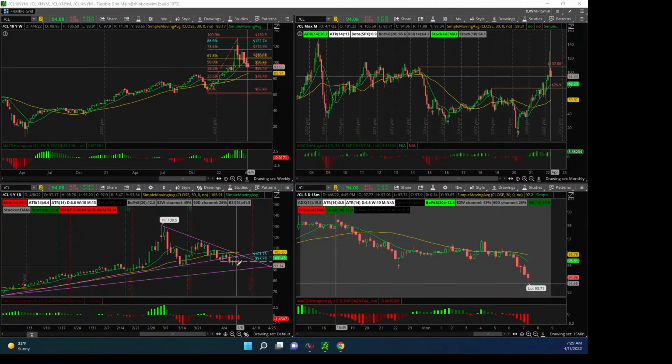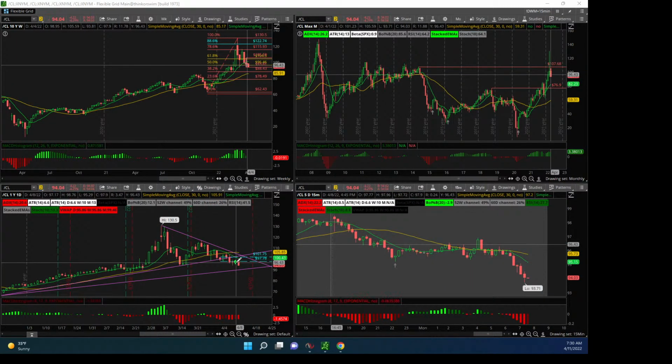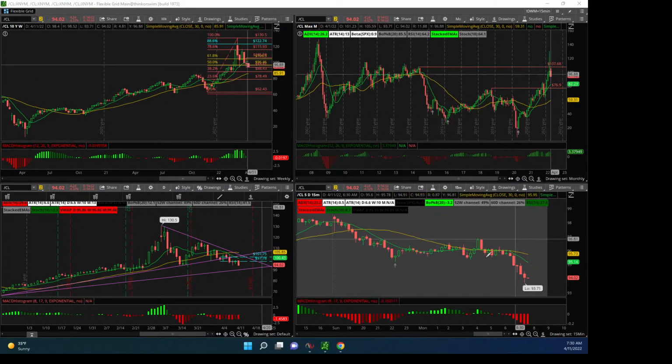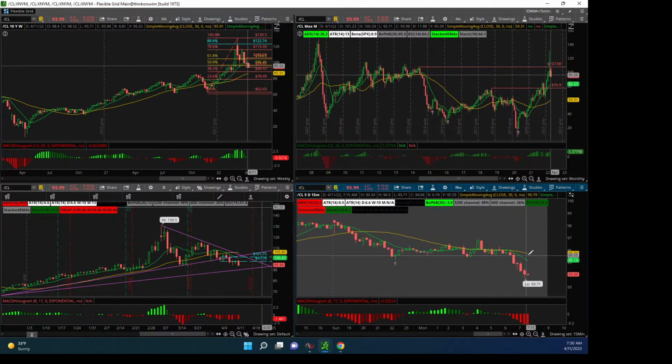Daily is also coming down, violating that level right there. So coming down monthly, and this is the 15 minutes. So doing a trade to the upside is kind of risky here because it's against the trend. It's trending down in the short term.